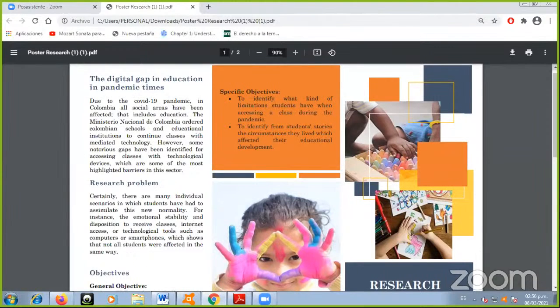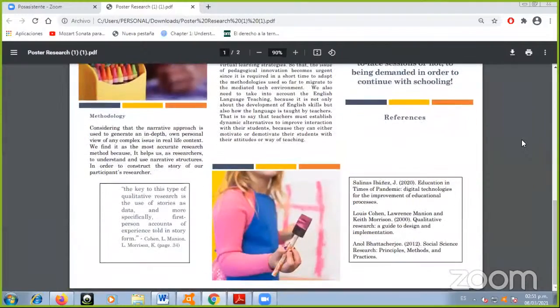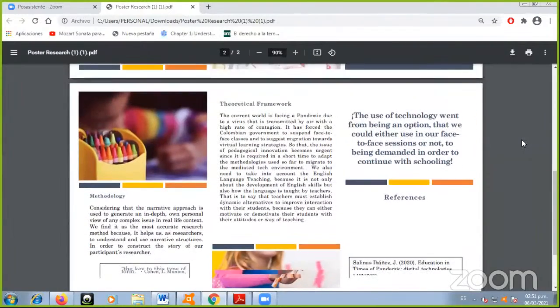So we have 2 pages. In the first page, you can find the title and the topic, the research problematic, objectives, specific objective, and in the second page, you can find information about the methodology and the theoretical framework and some references.